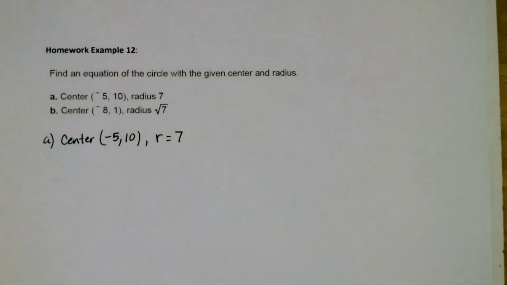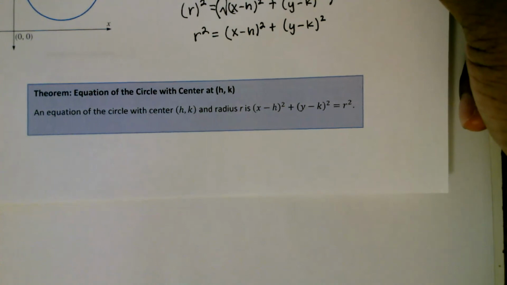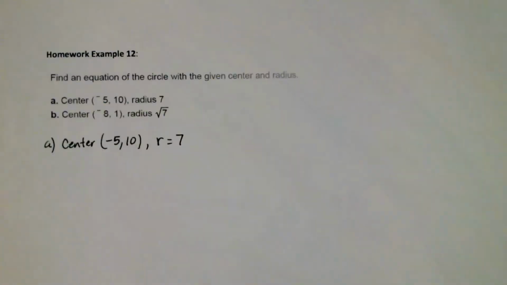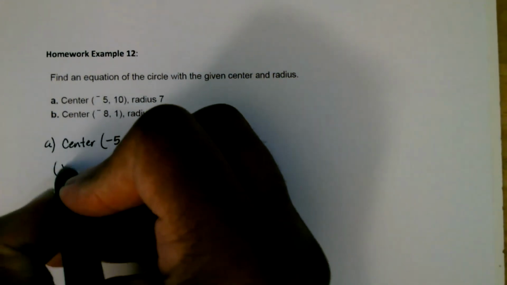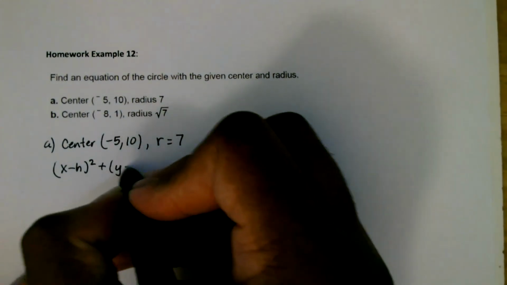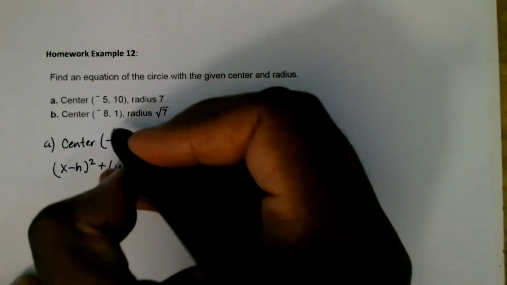Since the center is not at the origin, we're going to use this: x minus h quantity squared plus y minus k quantity squared is equal to r squared. Let me go ahead and write that down.